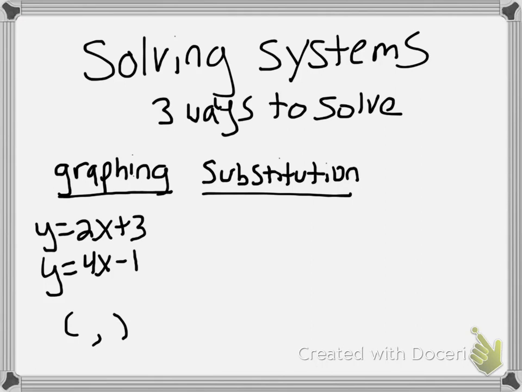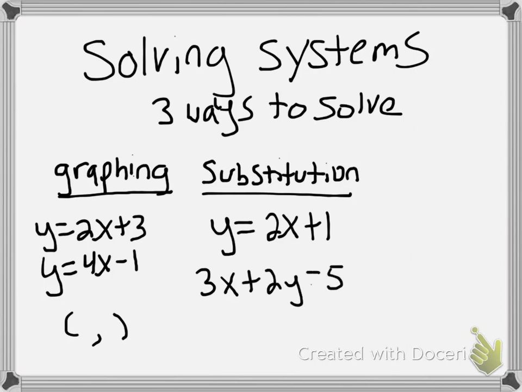Well, then we moved on from that one and we started doing solving by substitution. And those were the type where we had one of them in either y equals or x equals. So you had something like y equals 2x plus 1, and you had something like 3x plus 2y equals 5. And with substitution, you have one of them again in either x equals or y equals.